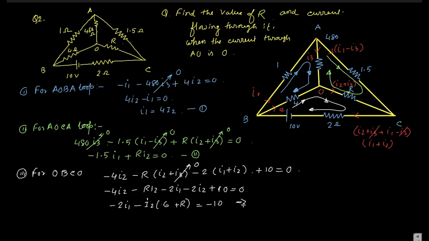So you can write from here that 2I1 plus (6 plus R) into I2 is equal to 10, it becomes positive. Okay, all are, so you can change the sign. So this you can consider as equation 3.